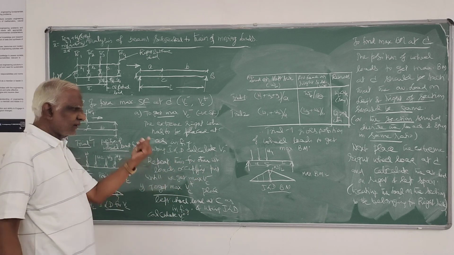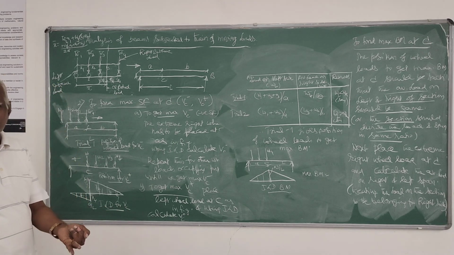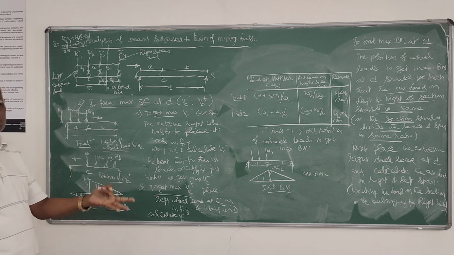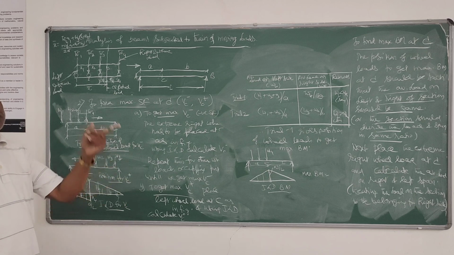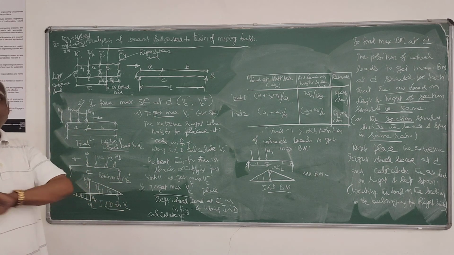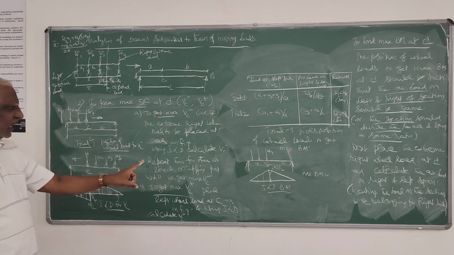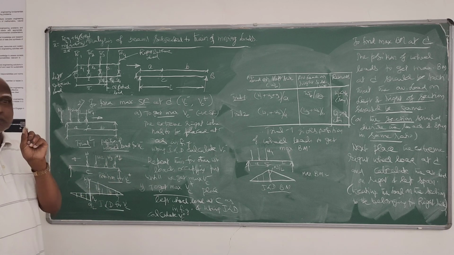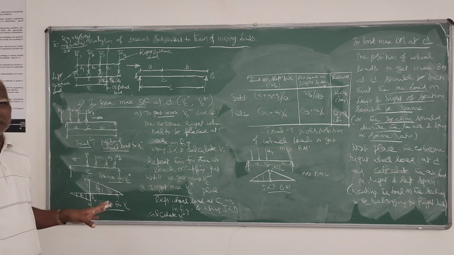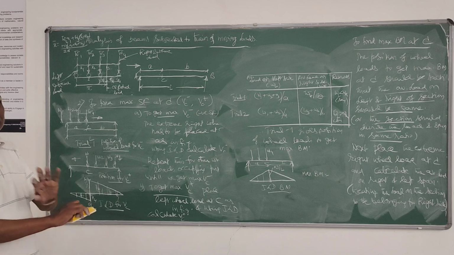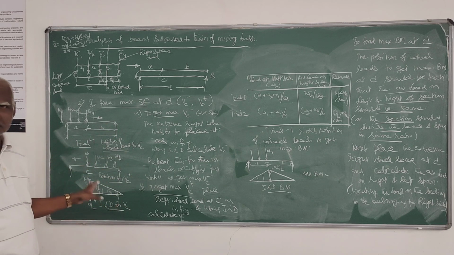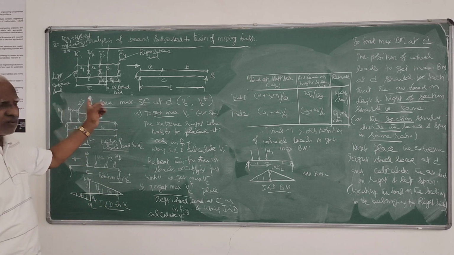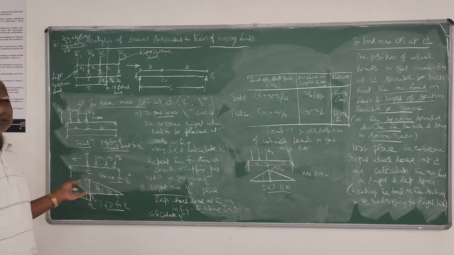That's all the exercise. Maximum shear force, maximum bending moment, maximum reaction either left and right support, as well as absolute maximum shear. All these I have completed. Only I have left with now how to find absolute maximum bending moment. So if I say that, then this particular analysis for these kinds of concentrated loads will be worked.